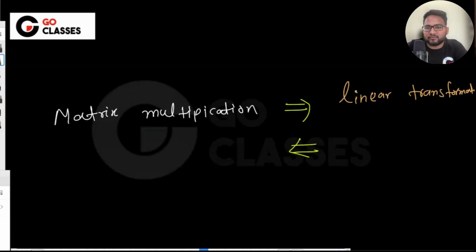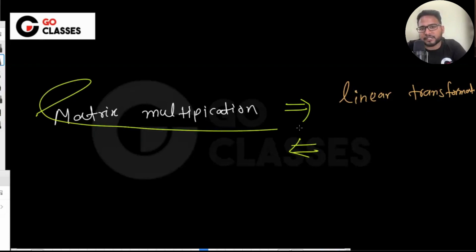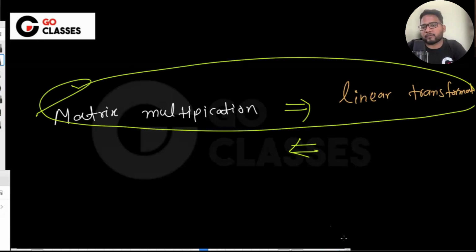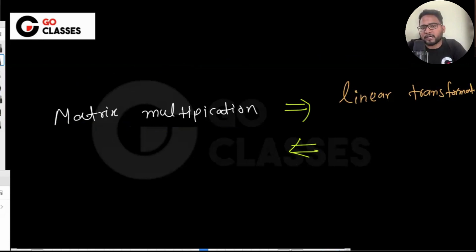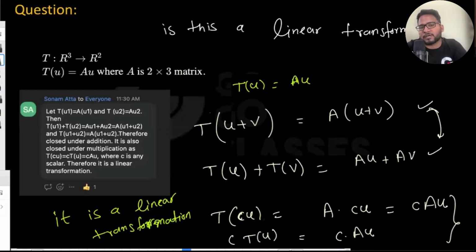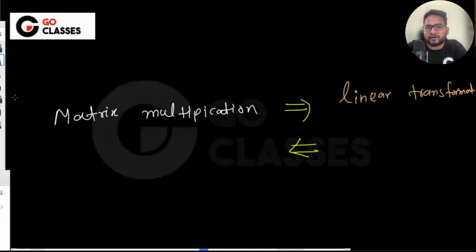So this first thing I think we have done, right? If it is a matrix multiplication, then it is a linear transformation. We just proved it, that this kind of multiplication is actually a linear transformation. Is this okay to everyone?